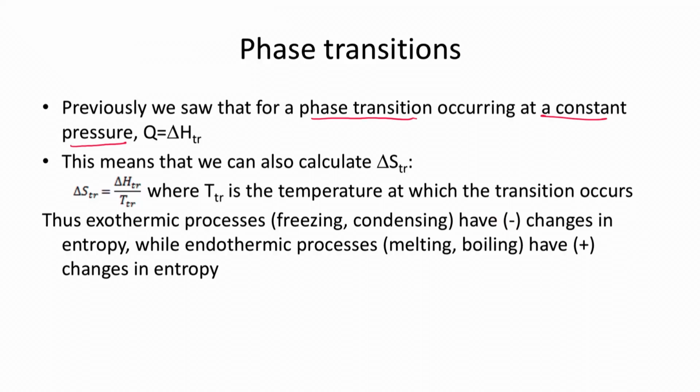And since delta S was equal to Q over T, that also means that delta S is just delta H over T. And that's what I've got here. So delta S for the transition is going to be delta H for the transition divided by the temperature of the transition. And so if I know what temperature this is taking place at, I can also figure out the change in entropy for the process.